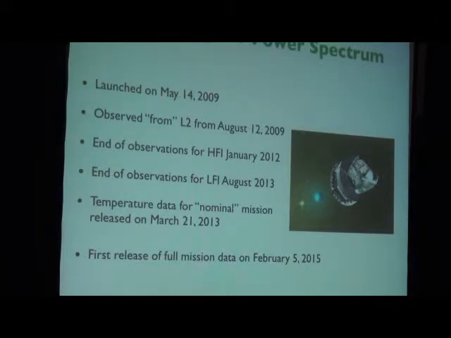So there's the high frequency instrument, HFI, with bolometers, which had to be cooled to low temperatures, and it ran out of helium, so eventually it stopped observations in 2012. The LFI instrument, the radiometers, can observe at higher temperatures, so they observed slightly longer, so there's more data from them.